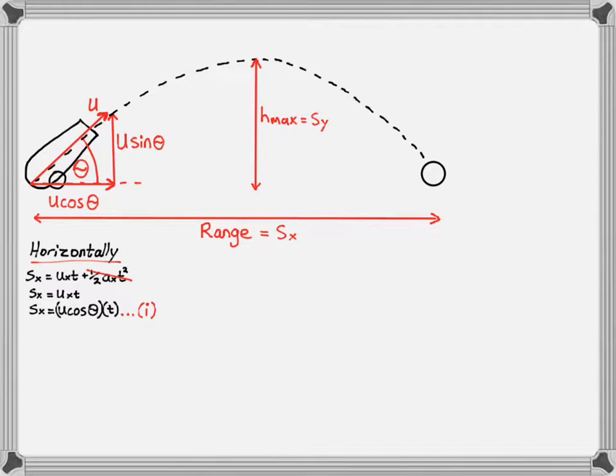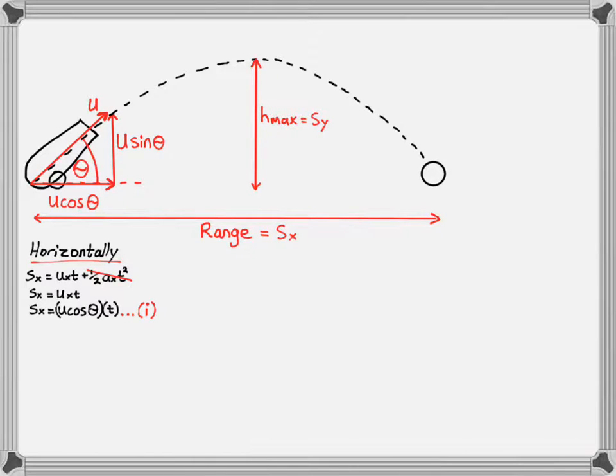So we're going to first of all substitute our u for u cos of theta, because we're talking about the horizontal direction only. So our initial velocity in the horizontal direction is u cos of theta times the time. But we have to pause here because we haven't been given the time. So we'll call this equation 1. And now we need to think about some way that we can substitute in an equation for time.